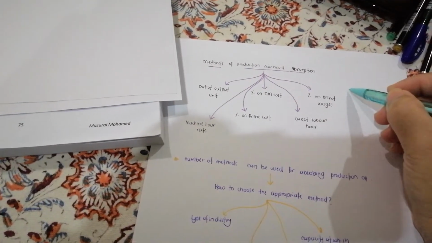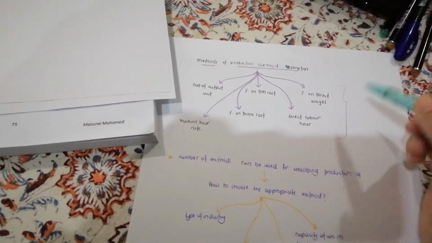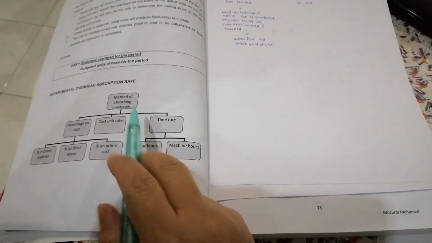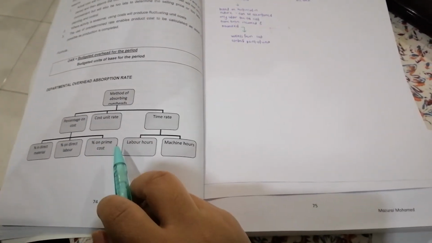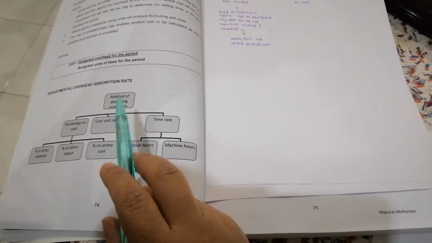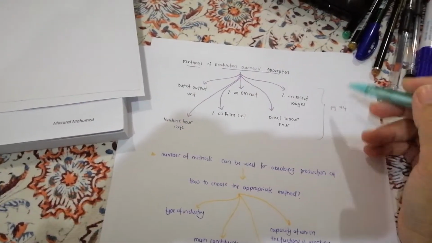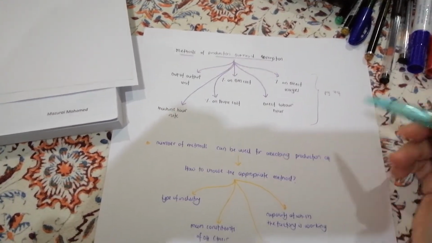So method ni, you boleh refer to page 74, bawah table ni. So ini adalah method-method yang company boleh guna in order for them to allocate diorang punya overheads.